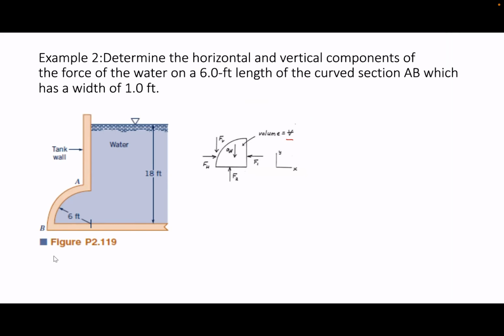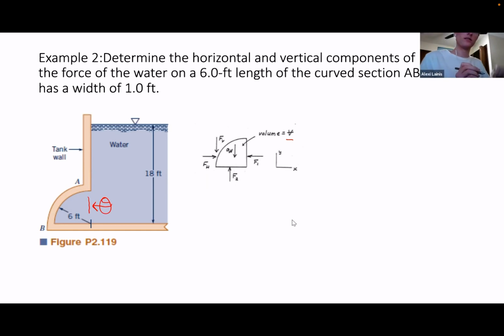Alexi? Yeah, go ahead. So F2 is the normal force in response to the weight of the water, right? Yes, yeah. So is F1 then the force of the water onto the gate? F1 is the force of, remember there's no gate here, F1 is the force of this water pushing on this water. So wouldn't there also be a vertical force on top of the normal force of the water that's pushing against the top?